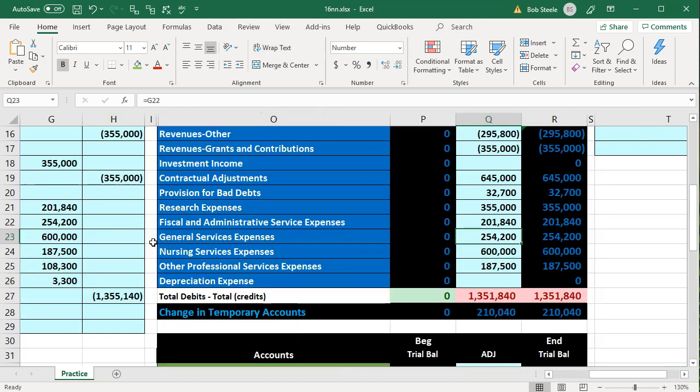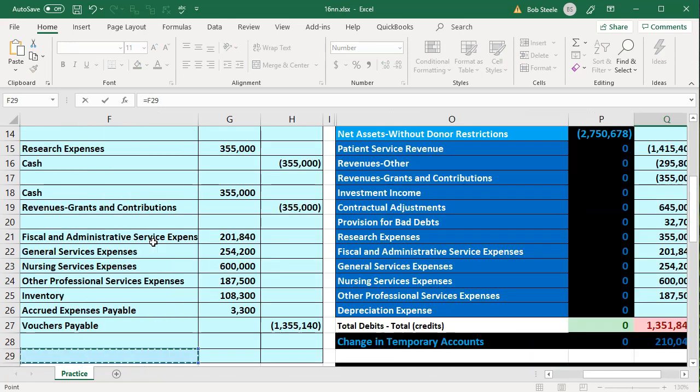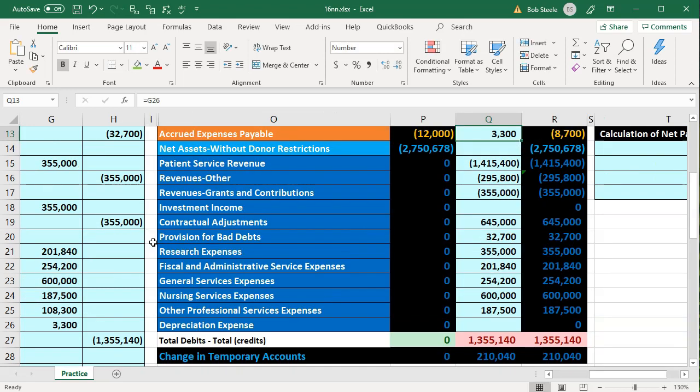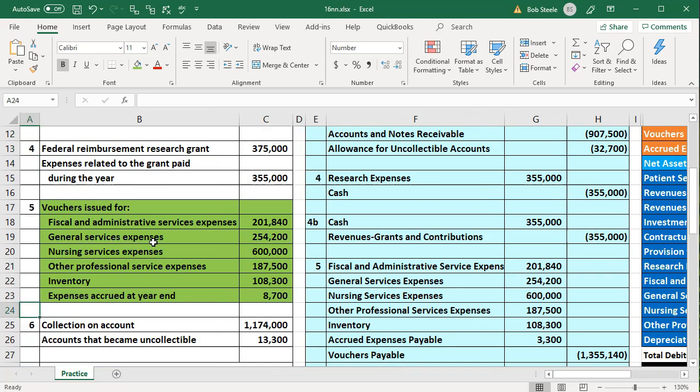That's going to be a liability account. Here we have it. We are in Q13, where we say equals, scrolling back down for that 3,300 and enter. That brings that balance to 8,700, which is, scrolling to the left, what we decided it should be. So it did do what we would expect. It took that amount to 8,700.